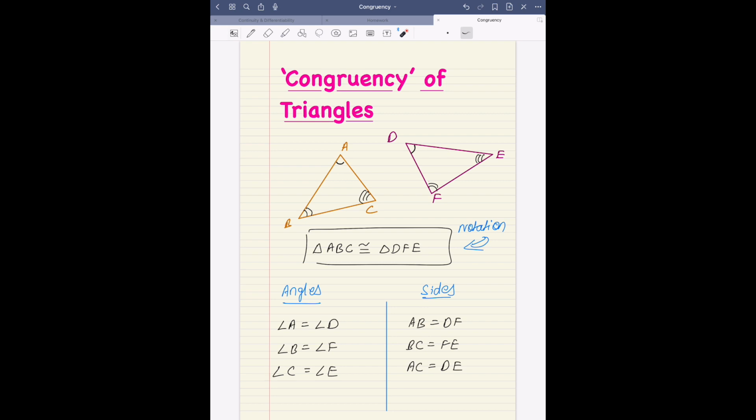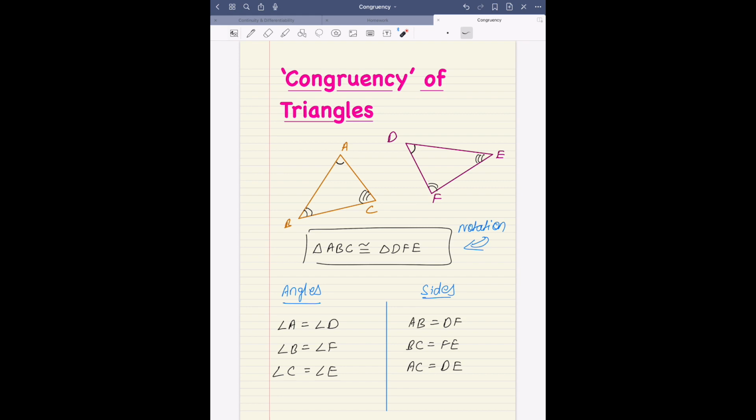Now, we have assumed that these two triangles are congruent. What if you have a question, and these kinds of questions you will get, that prove that so and so triangles are equal or prove that so and so sides are equal? There are 5 rules, or criteria, to prove that two triangles are congruent.